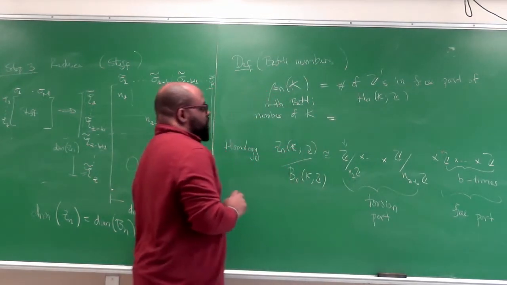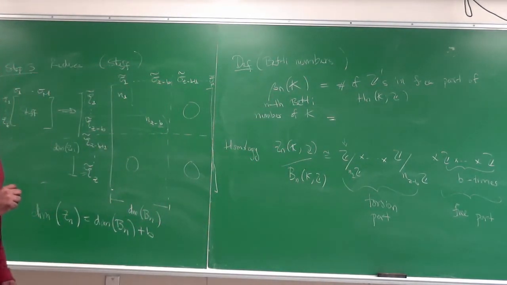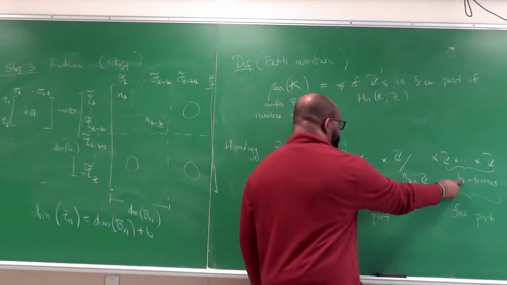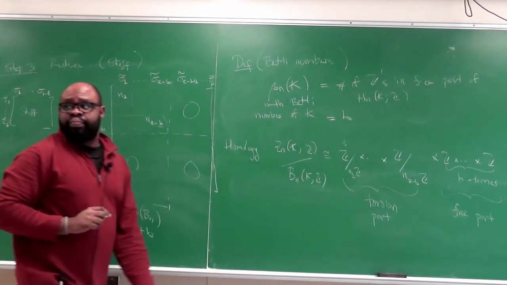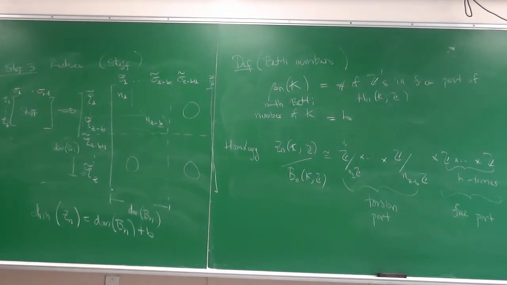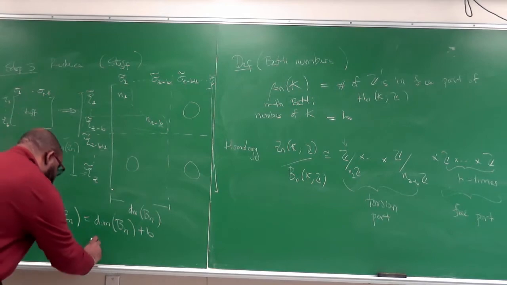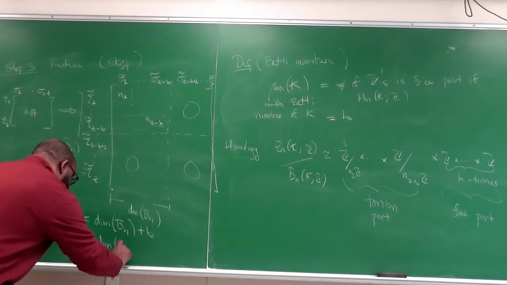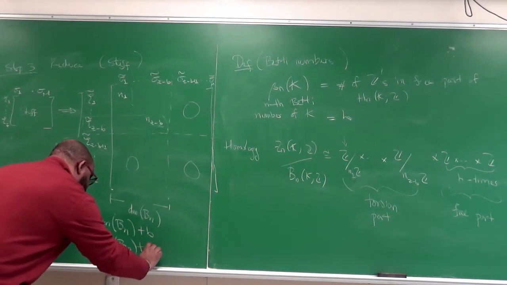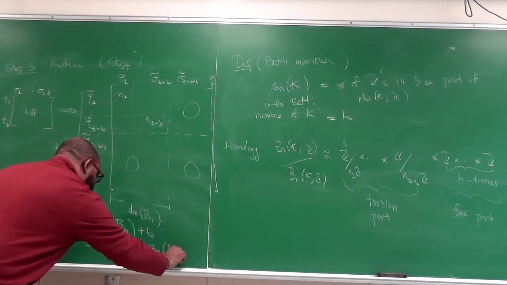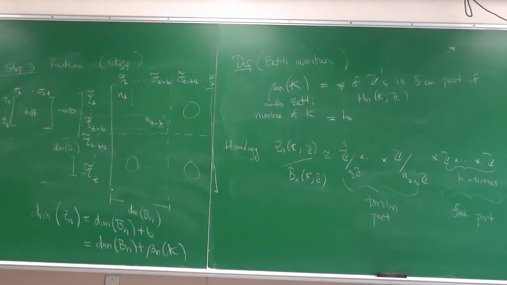So, what is this? B. Okay, so let me update my formula from here. This is actually equal to the dimension of Bn plus beta n of K. Cool.